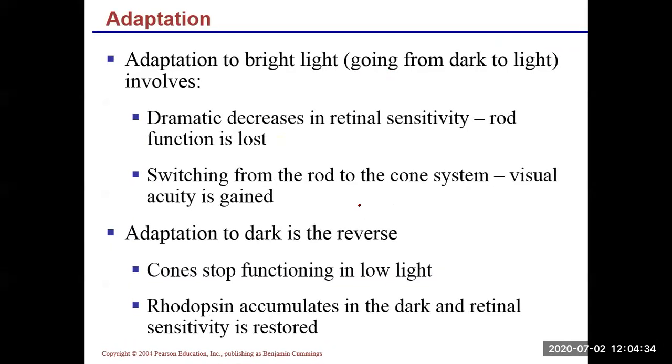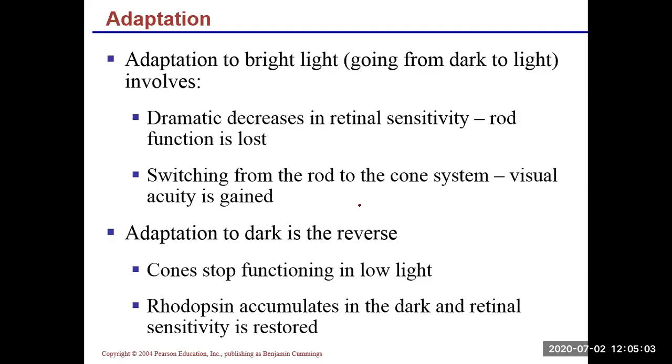Adaptation is also important. For example, you get adapted. If I'm in a dark room and I'm getting adapted to this dark room, all of a sudden I go to the light, it takes a little bit of time for me to adjust. Similarly, if I'm on a hot sunny day, it's very bright, and I walk into a place like a garage that has no light in it and it's really dark in there, I will not be able to see much.